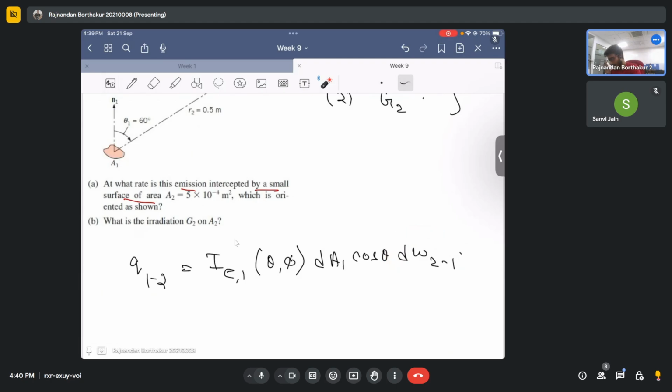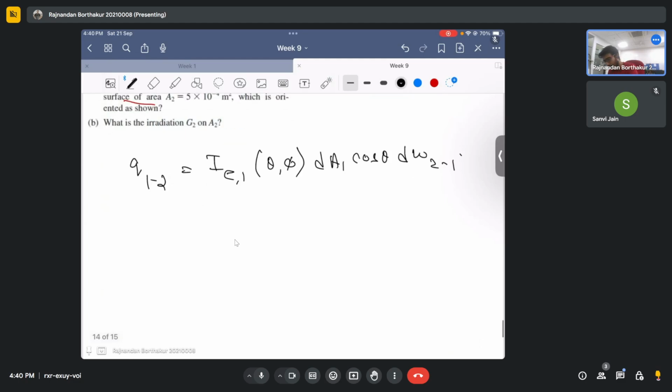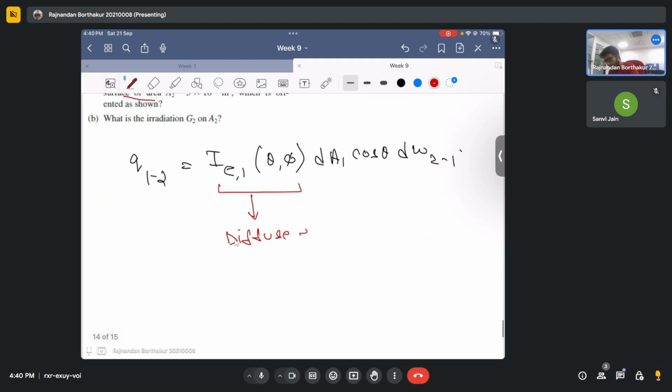And now, luckily, they have said that IE1, it's a diffuse emitter, which means that your intensity is not a function of the direction, that means it's not a function of theta and phi.